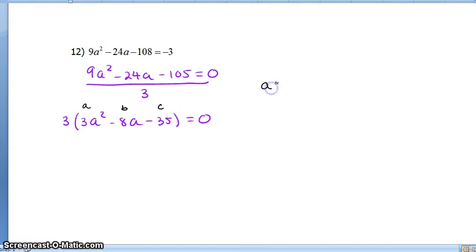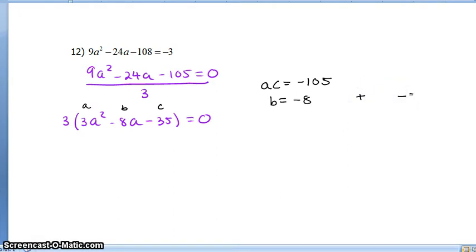So off to the side, I'm going to write AC is equal to negative 105, and your B term is equal to negative 8. So I have to think of two numbers that add to B and multiply to AC. And thinking about numbers that multiply to AC, that's negative 105. In order to multiply to a negative, I need a positive and a negative number.